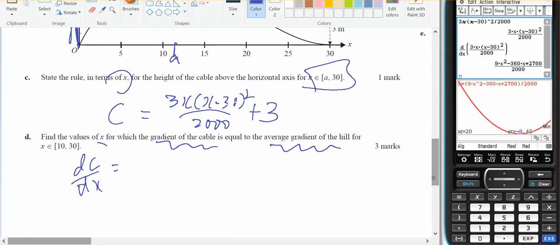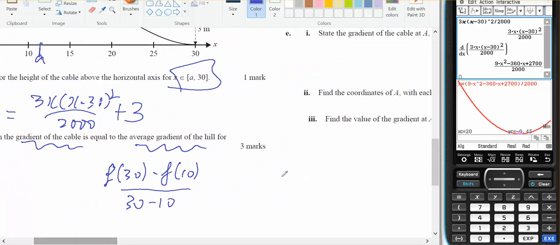is equal to the average gradient of the hill. So I can get the average gradient of the hill by doing f of 30 minus f of 10 over 30 minus 10, or I can do 1 on 30 minus 10, integral from 10 to 30 of f dash of x dx, and that should give me the average gradient, either of them.